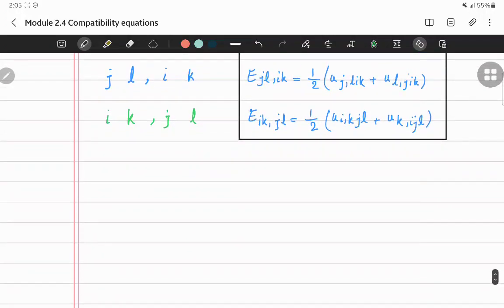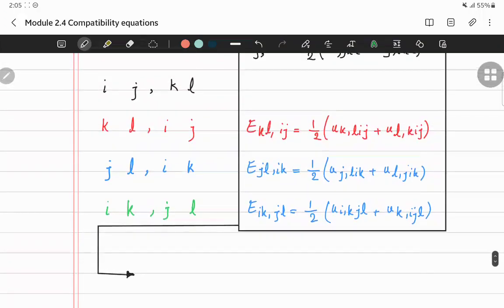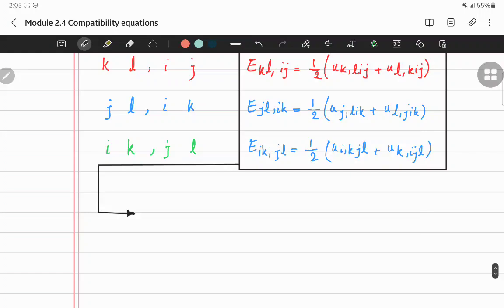So now from here, I can write, if you manipulate these with plus and minus, you get E_IJ,KL plus E_KL,IJ minus E_IK,JL minus E_IL,JK is equal to 0.